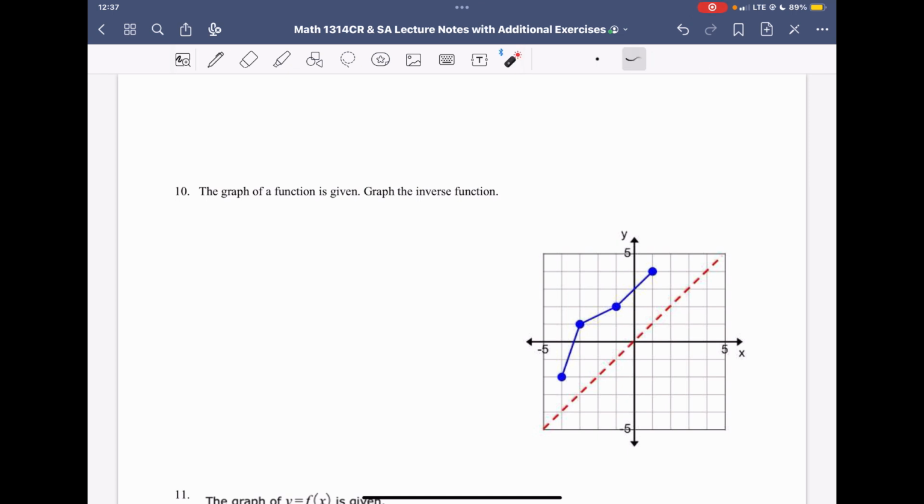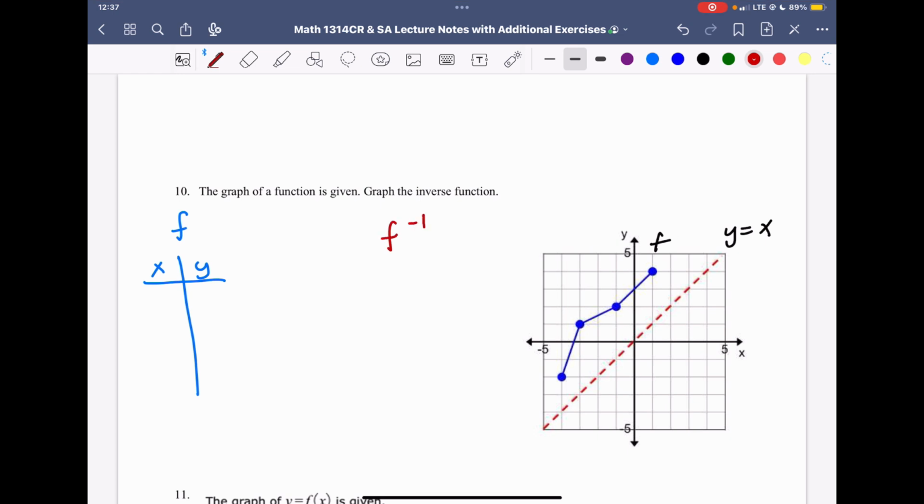So this is showing you the identity. That's what this is, y equals x. This is going to be the f, and then on the other side of the identity, you're going to graph the inverse. So the first thing we're going to do is use a different color. This is the f. These are the ordered pairs. And then the inverse will be marked in red, and we'll use those ordered pairs.